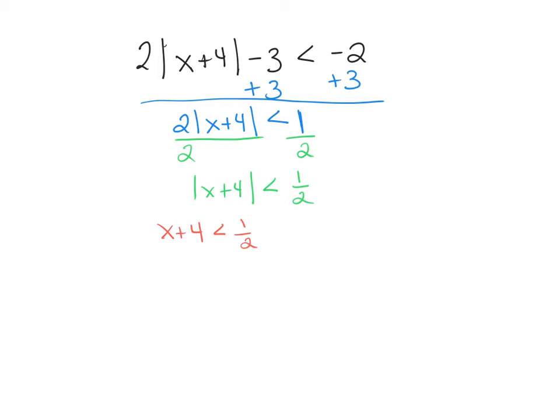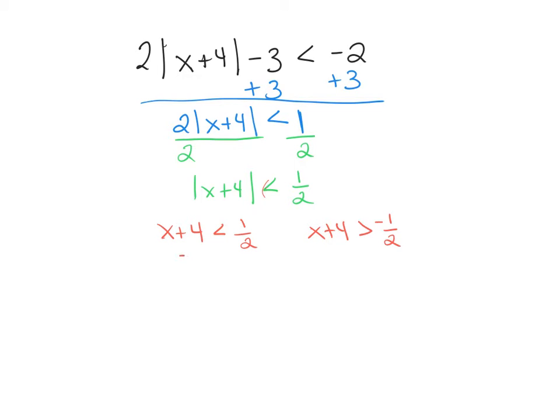Or x plus 4, and this time we've got to switch the direction of our sign. Greater than, and we have to change the sign of our answer here, negative 1/2. So that's how you get it split into those two equations when you undo your absolute value.